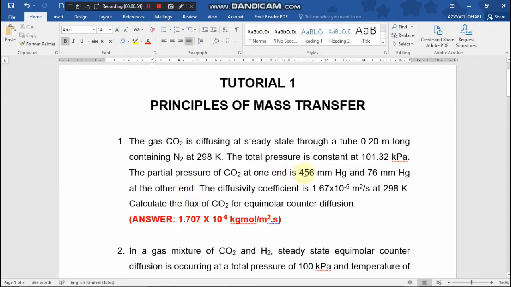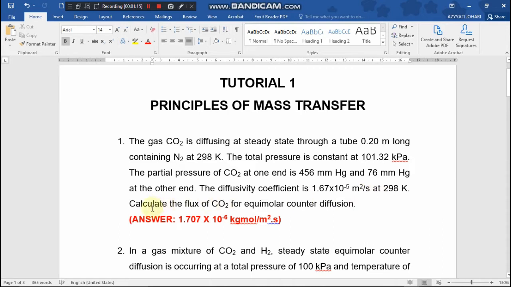So this will be the partial pressure of carbon dioxide at point 1, and this is the partial pressure of carbon dioxide at point number 2. And the value for the diffusivity coefficient is given in the question, which is 1.67 multiplied by 10 to the power of minus 5 meters square per second for that condition.